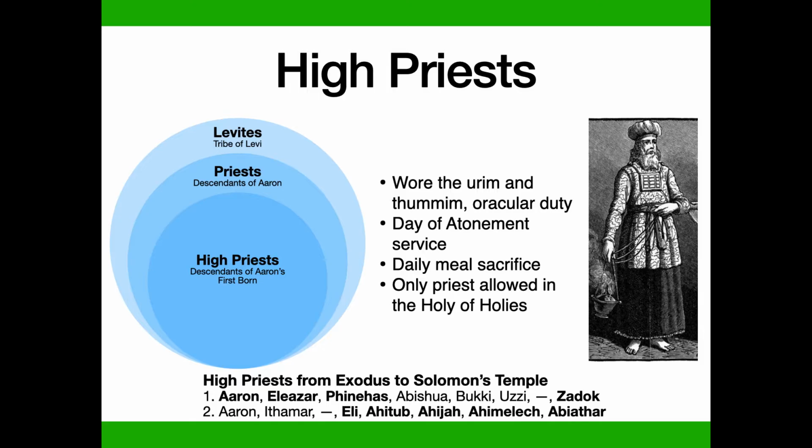All right, so this chart at the bottom is kind of a snooze fest, but I find it very interesting. Here's kind of the history of the high priests from Exodus to Solomon's temple. So we have Aaron, who's the first high priest. His first son is not Eleazar, but his first two sons are struck down because they did not perform their priesthood duties correctly.